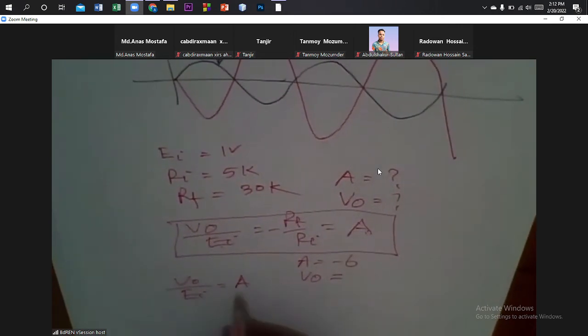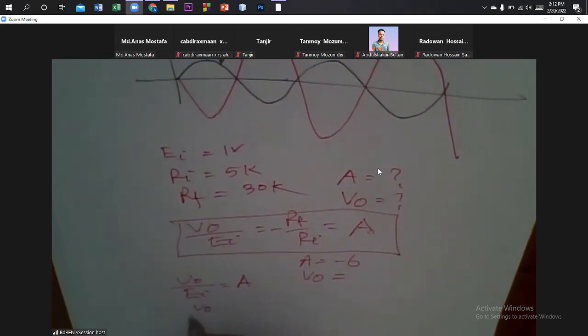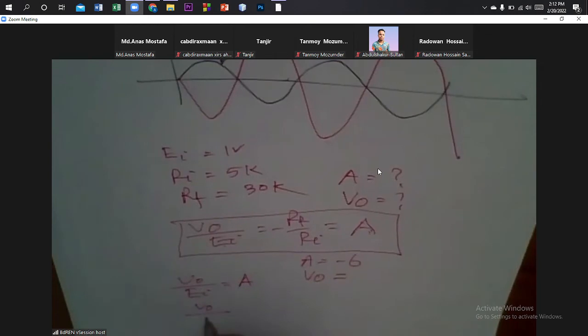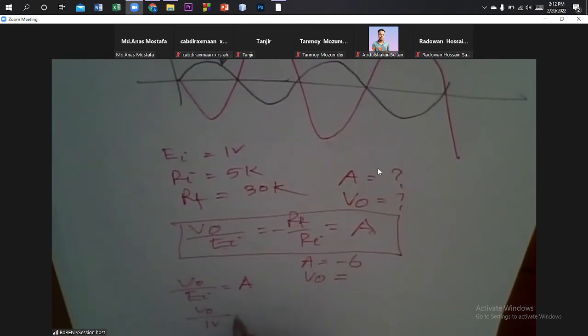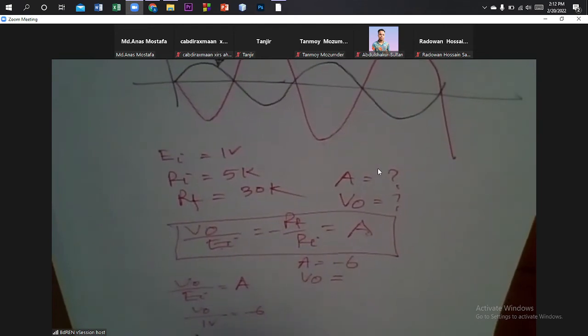You know EI, so you can find V0. Now tell me, what is V0? V0 divided by EI. What is EI? 1 volt. And what is A? Minus 6. So multiply diagonally. V0 is equal to minus 6 volt.